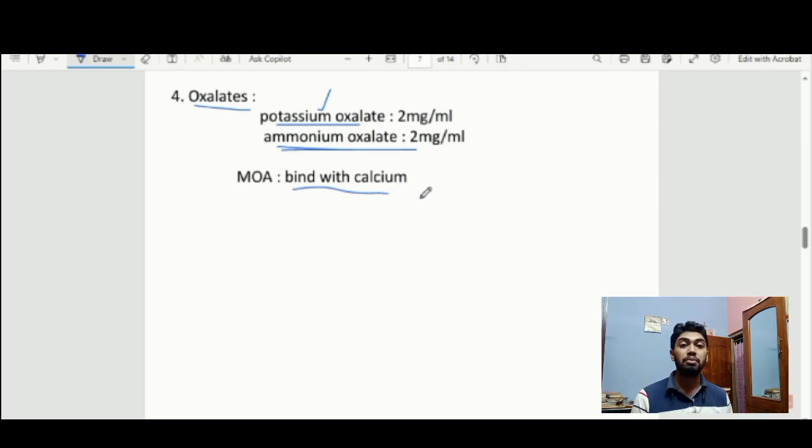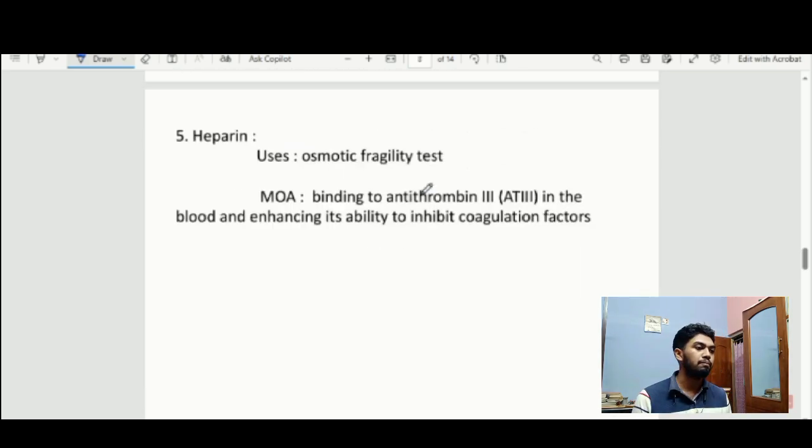Now if we come to heparin. What is the heparin vial? That green colored vial. Heparin is the anticoagulant used. What are the uses of heparin? Heparin is normally used in the osmotic fragility test. What is the mechanism of action? Heparin's mechanism of action differs from the others.